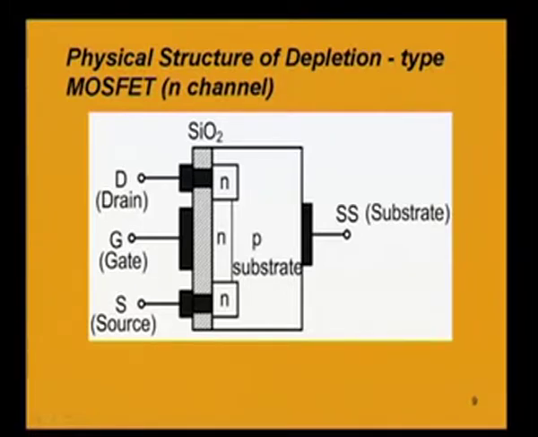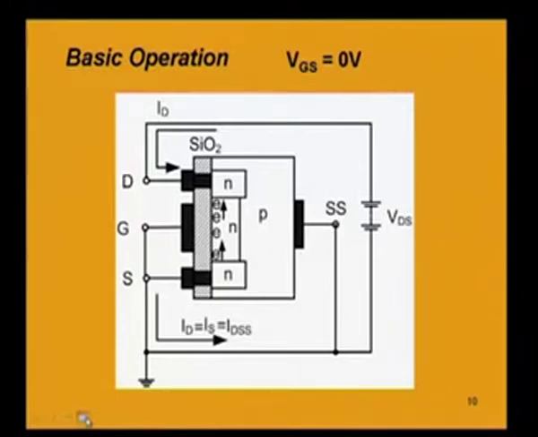Now, let us see how the current conduction takes place. For that, let us first consider that gate to source voltage is 0. Now, as this is a MOSFET having p type substrate, n type drain and source, and there is an n channel in between drain and source, the p type substrate is having holes as the majority carriers and electrons as the minority carriers.